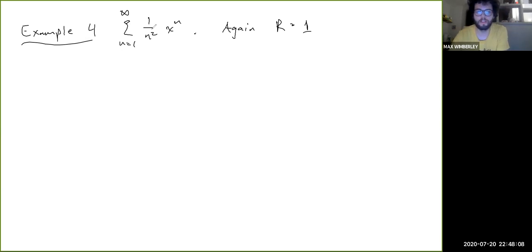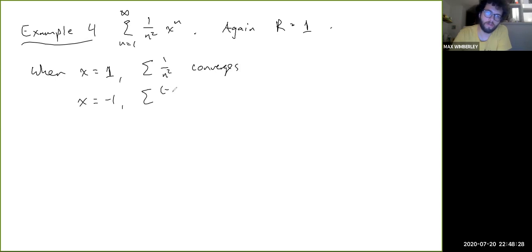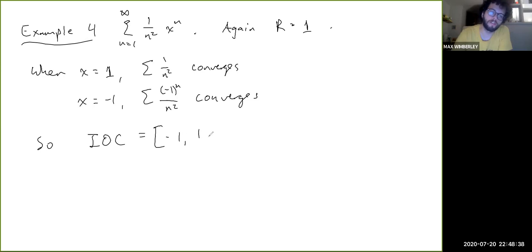Because a_n to the 1 over n approaches 1 again. So r is 1. Then when x is 1, the series 1 over n squared converges. When x is -1, the series (-1)^n over n squared also converges. So the interval of convergence is the closed interval -1 to 1, right? All right, last example for this video.